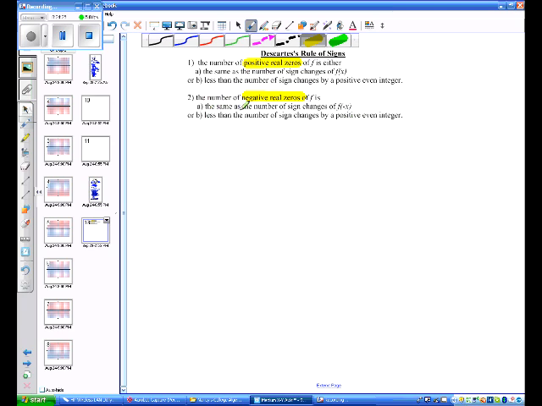The number of negative real zeros will be the same as the number of sign changes of f of negative x, or less than the number of sign changes by a positive even integer. So let's look at what that means, and it'll make a little more sense once we start looking at some examples.